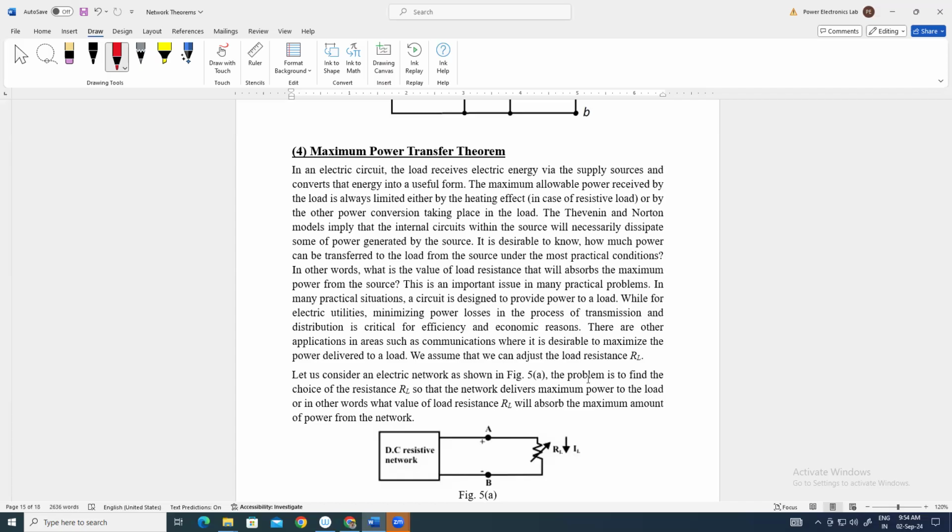We will generate the relationship for that, and the condition to transfer power from source side to load side, and how much maximum power can be transferred. That we will see in the next class.